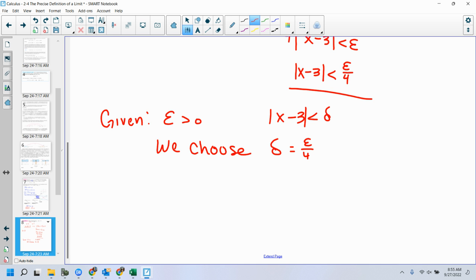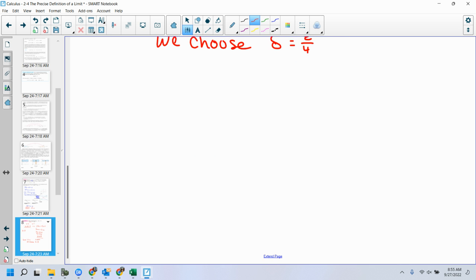We're given that epsilon is greater than 0. We're kind of setting our boundaries. We're saying epsilon is greater than 0, and the absolute value of x minus 3 is going to be less than delta. We're going to choose delta to be epsilon over 4. And now what we're going to do is work it backward. Let me extend my page a little bit.